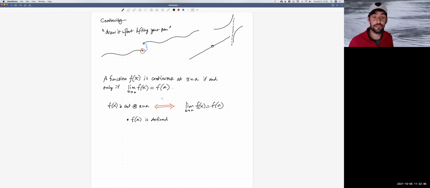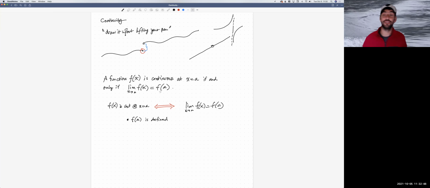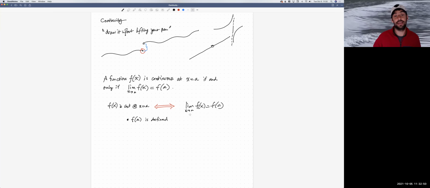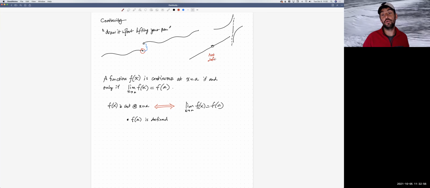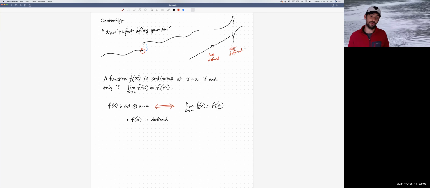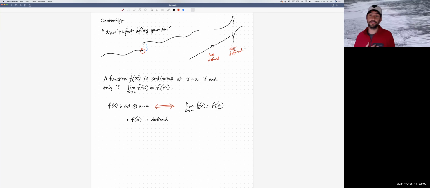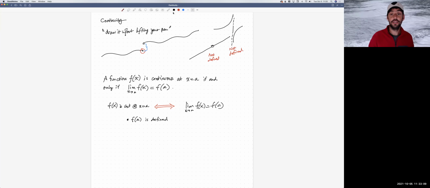That we can't have it equal to f of a if f of a is not defined. So a function has to be defined at that point. Notice in these two examples over here, the function is not defined. We have a hole there. There's our discontinuity, or at an asymptote, a function is not defined at that point, right? So we don't satisfy this, right? Those are points where we're not continuous.